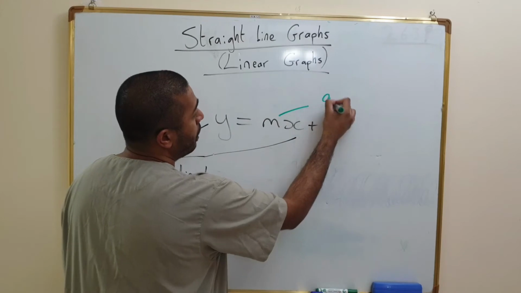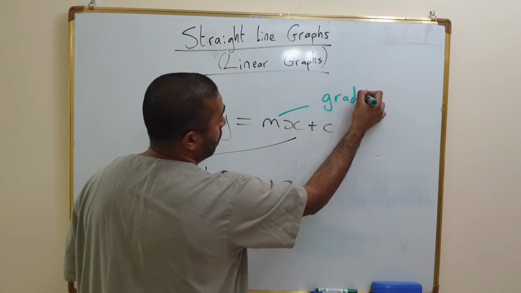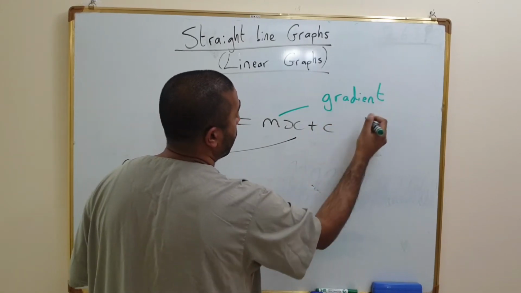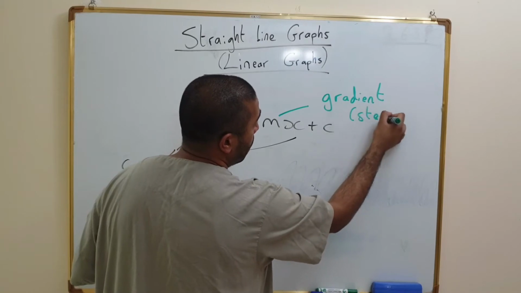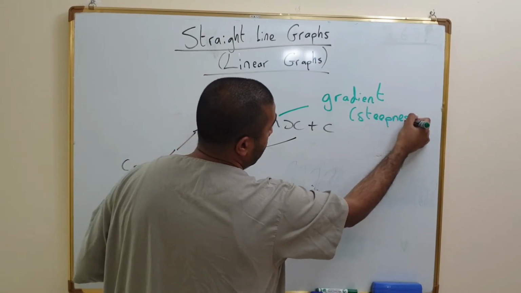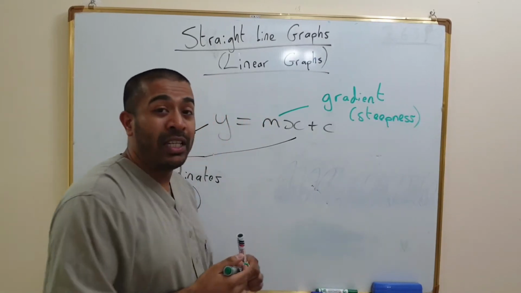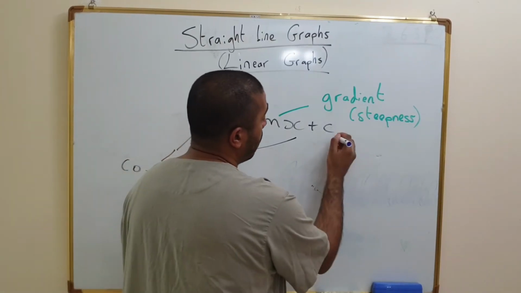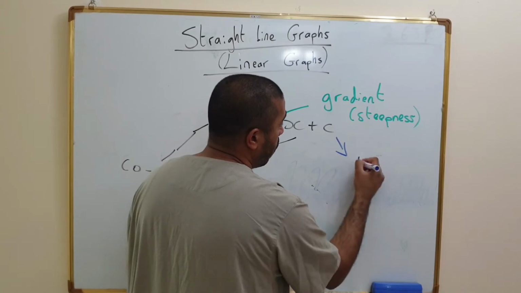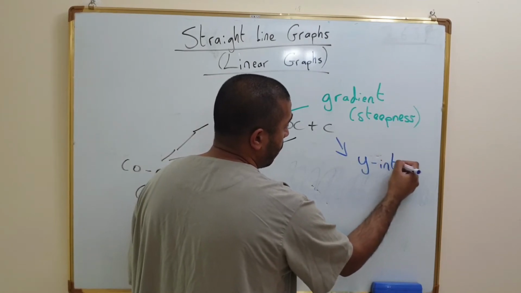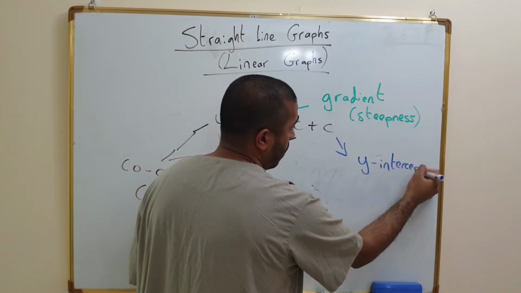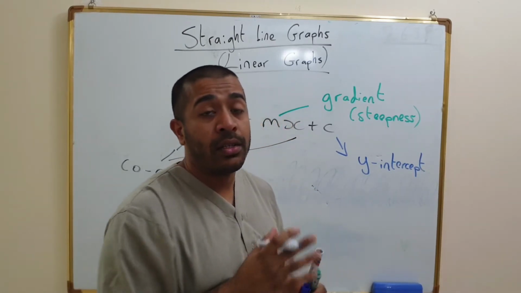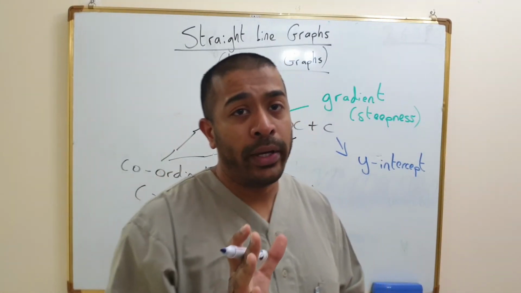The m is the gradient, which tells us how steep the line is, and the c is the y-intercept. So this tells us exactly where the line cuts on the y-axis.